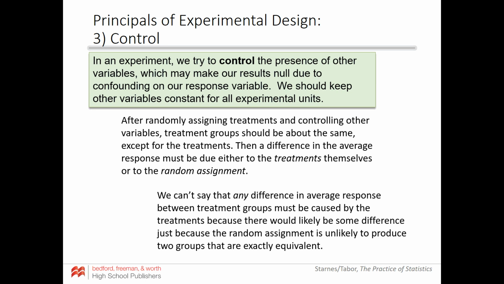So I'm trying to even out the playing field as much as possible, but I can't ever get it to be perfect, even with identical twins. So if there's a small difference between my groups, that may just be because of random chance. It might not actually be because of the treatments. So I'm looking for a difference in heart attack incidents, but I want that difference to be big enough.